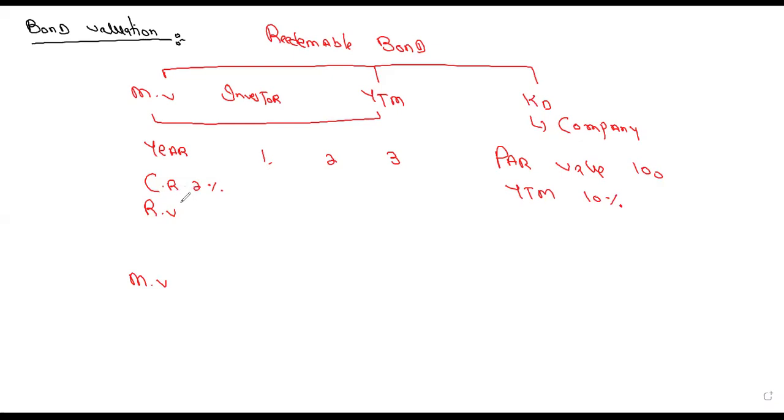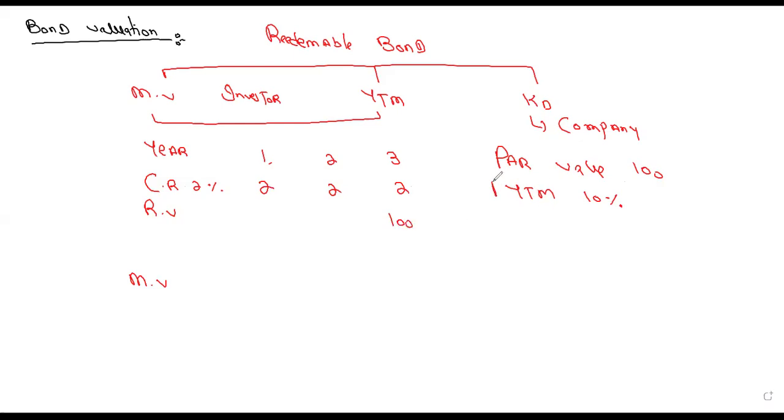So as the coupon is 2%, mean interest is 2% and interest is computed on the par value. So 100 into 2, you will take every year 2, 2, 2 and the redemption I already stated at the par. So at the last year, you will be having again the 100.